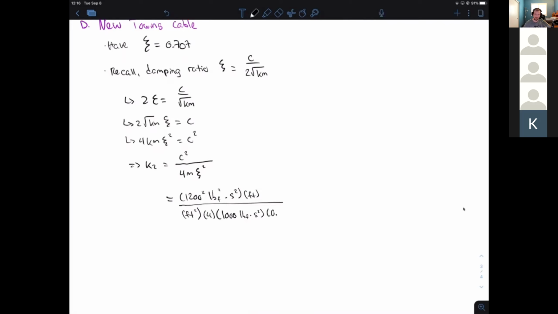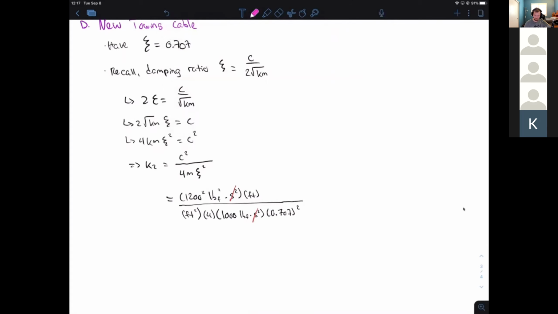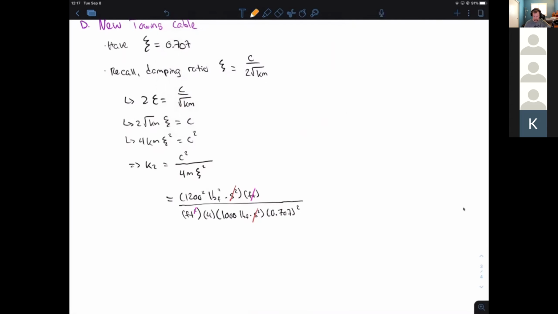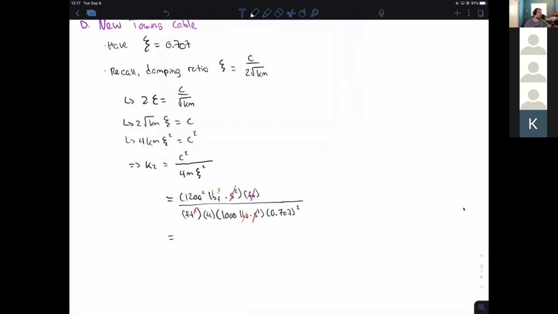And then we have the damping ratio 0.707 squared. And now we can cross out some of our units here. Second squared, they cross out. We have 1 foot there, we can cross that out. And then we can cross out 1 pound force. And then if you make this calculation, you see that k2 equals 720 pounds per foot.